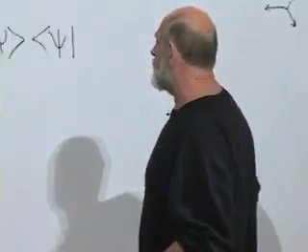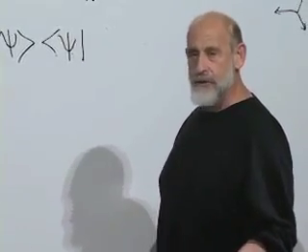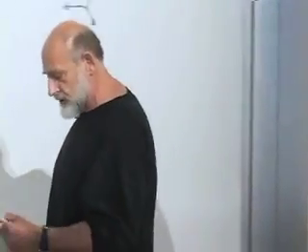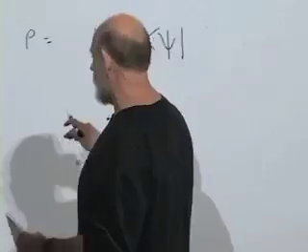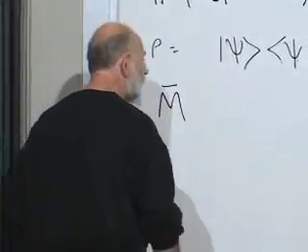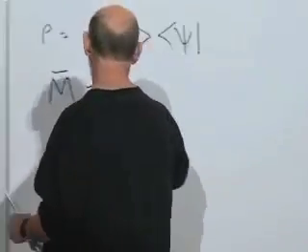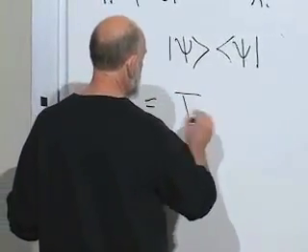Now, whether or not the state is pure or mixed, the rule for average values, they're usually called, even in this case, expectation values. I didn't want to confuse the terminology, so I just indicated an average value. Let's say the average value of the observable m, which I'll indicate by putting a bar over the top, is just the trace of the density matrix times m. I'll remind you in a moment what the trace is.